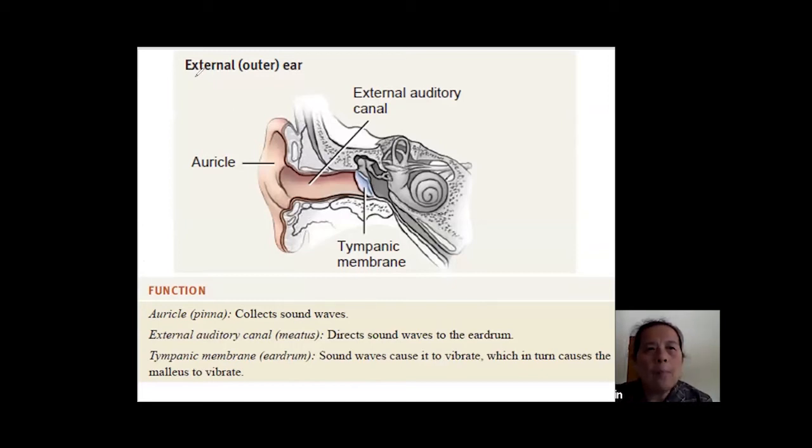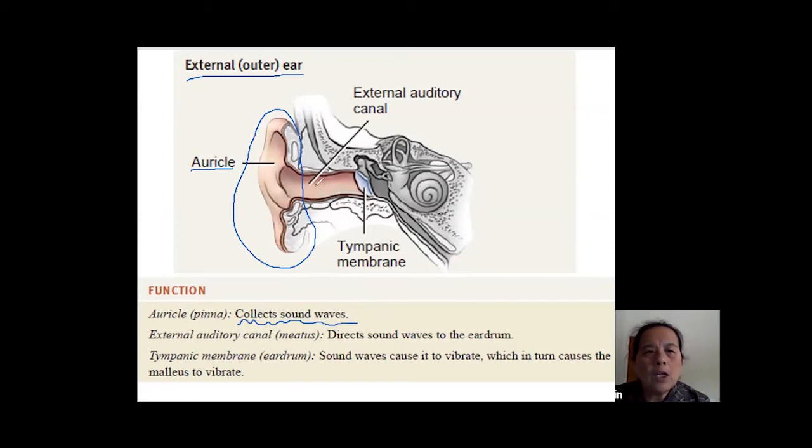So we start from the outer ear. The outer ear includes three parts. The auricular part, like when we say ear acupuncture, we also use the same medical words. The only function of this part is to collect the sound vibrations.